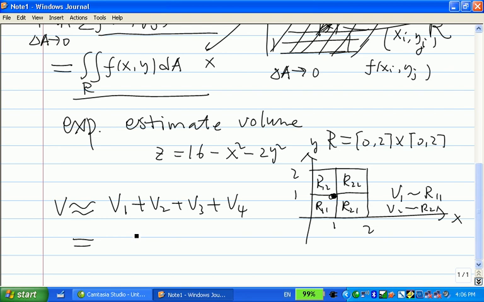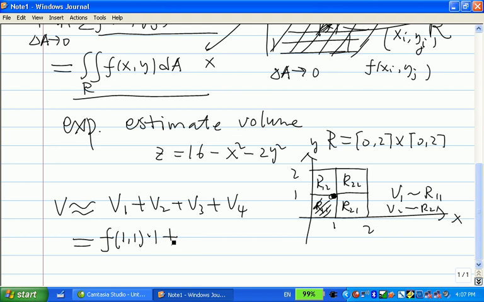Now V1 is the height, F. I'm looking at R11, and for the height we use the upper right corner, which is this point. Its coordinate is (1, 1). This gives you the height of the rectangular box above that, then times the base area. What is the base area? 1 times 1, so it's 1.